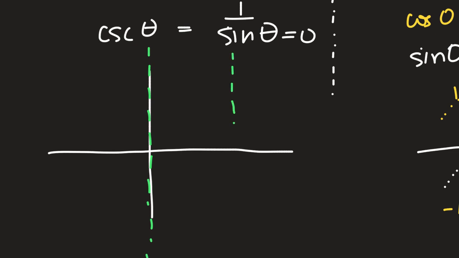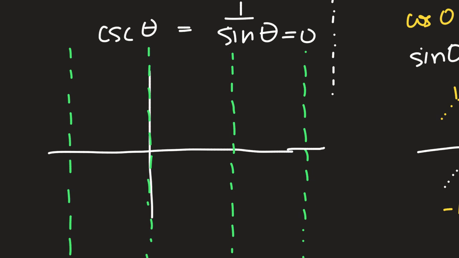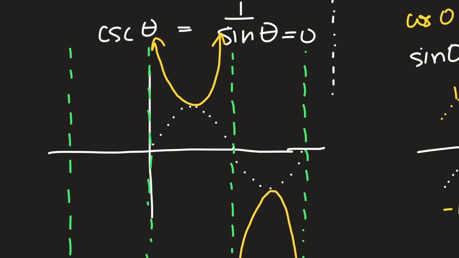Cosecant has an asymptote at pi, because that's where sine is 0. Cosecant has an asymptote at 2 pi, where sine is 0. So everywhere sine is 0, cosecant has an asymptote. These reciprocal graphs all have asymptotes. Now, sine goes up to a max and then down to a min, so the cosecant graph has a parabola-looking thing that goes up from the max and a parabola-looking thing that goes down from the min.